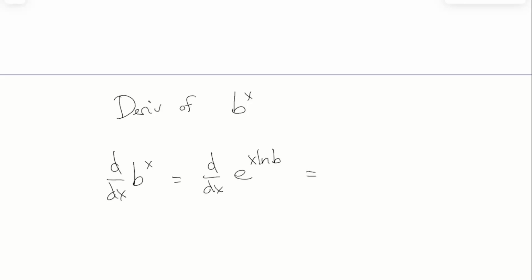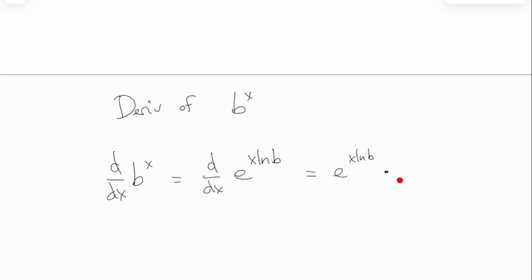So it is e to some power with some weird stuff up there, which means my answer is, first of all, you get the same thing again. And then separately, I multiply times the derivative of the inside of that stuff. You have to be a little careful about what exactly is the variable and what is a constant. Up here, x is the variable, and it's x times a constant; ln b is a constant.